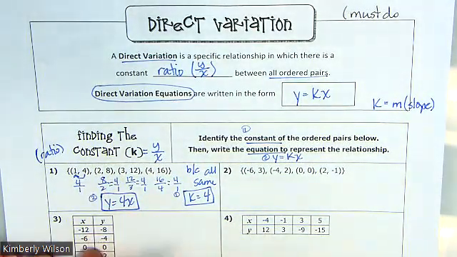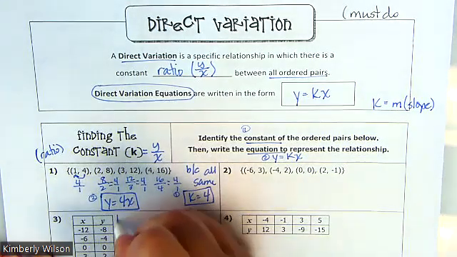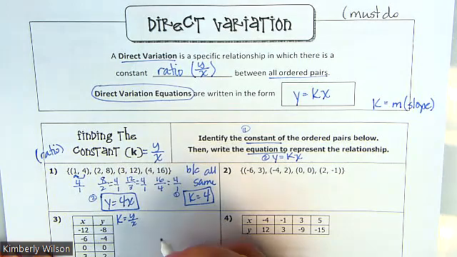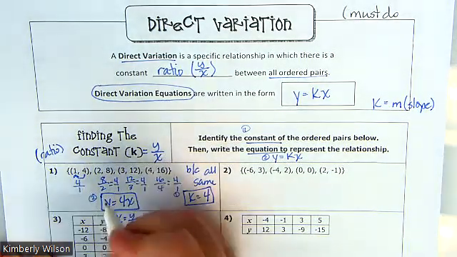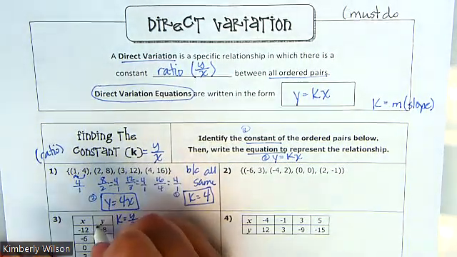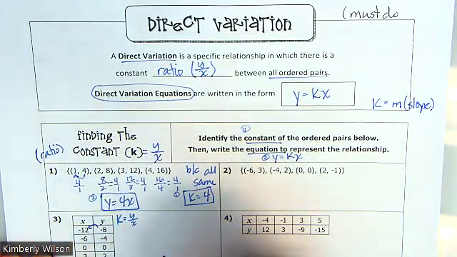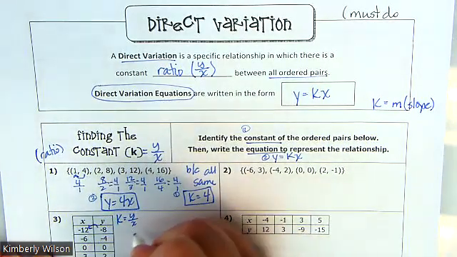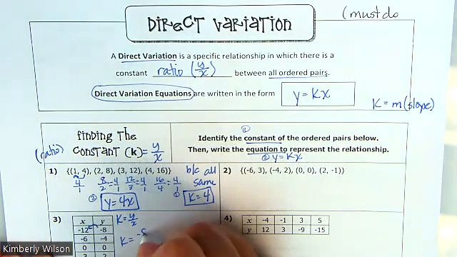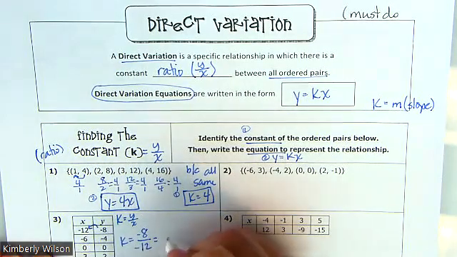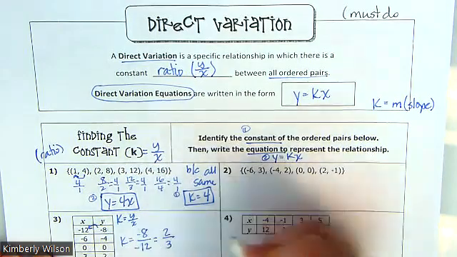When it's in a table of values, remember, the k is always found by y over x. So therefore, I'm doing the -8 into -12. So we have to find k. It's going to be -8 over -12, which simplifies to 2 over 3.